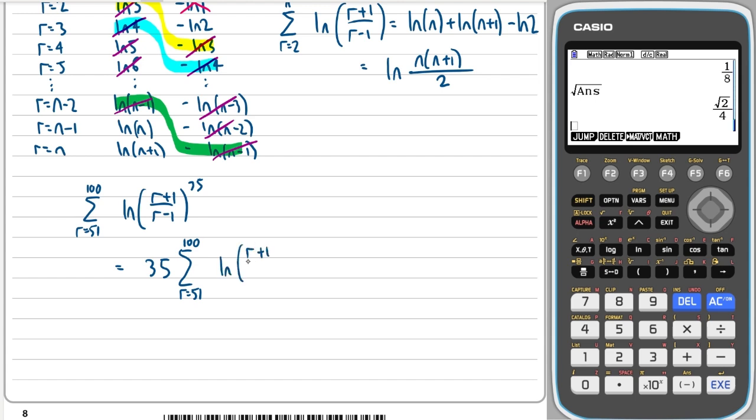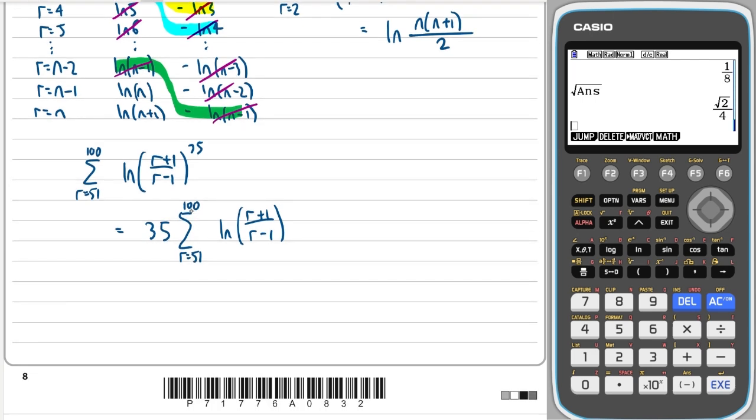So we have this. And then if we're summing from 51 to 100, but we know the sum from 2 to n, then I could write this as 35 times the summation up to 100 from 2, minus the summation up to 50 from 2.